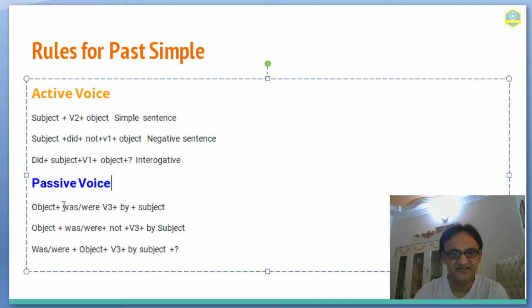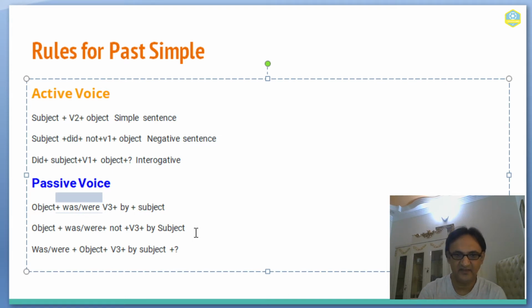The second change is that we use the auxiliary verbs was and were. As you know, was and were in active voice we use in past continuous. So in narration we make sentences as a backshift, meaning reverse back.